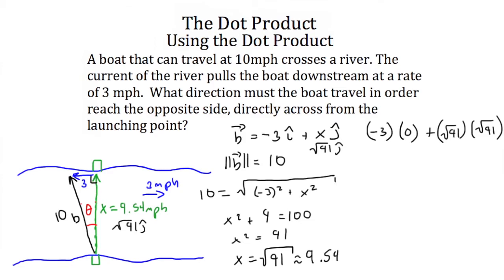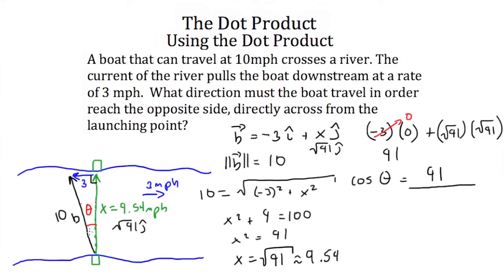Negative 3 times 0 is 0, and the square root of 91 times the square root of 91 is just 91. That means the cosine of the angle between these two vectors is equal to the dot product, which is 91, divided by the magnitude of these two vectors.